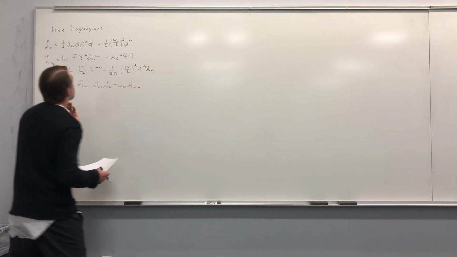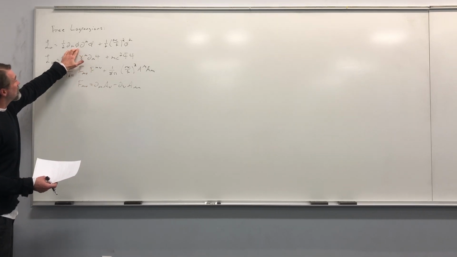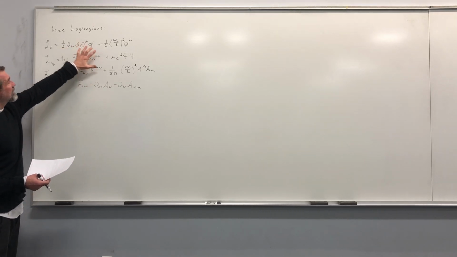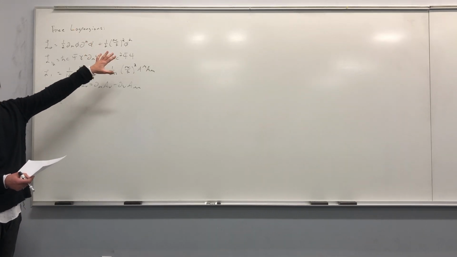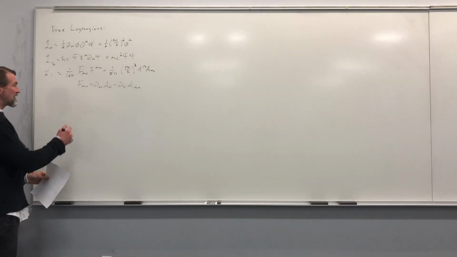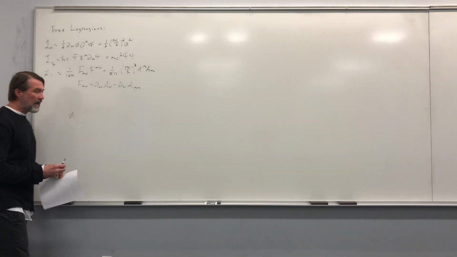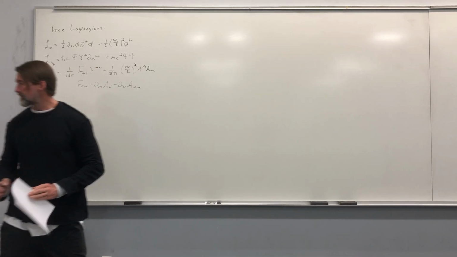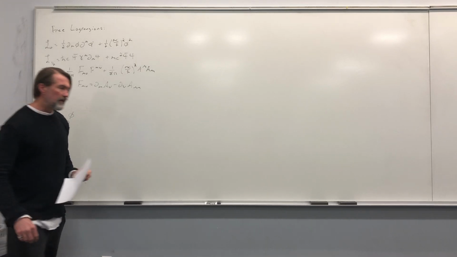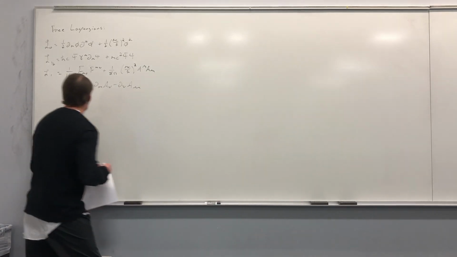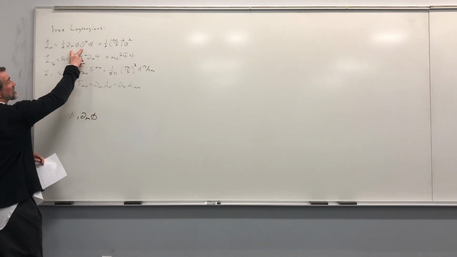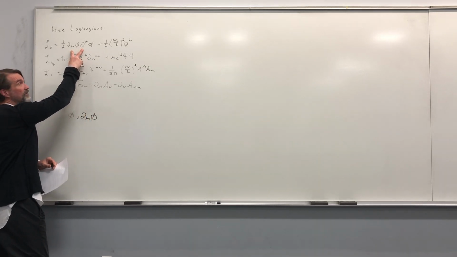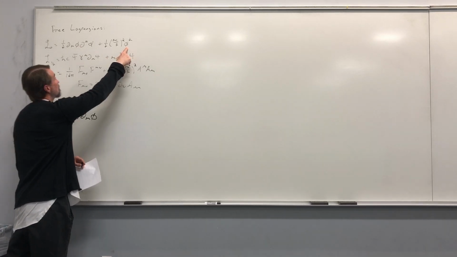Now remember, if you notice, every single part of these equations is at most quadratic. And it's quadratic either in the field phi, in the first case, or in the derivative of the field. Okay, so this term is obviously quadratic in derivatives of the field, and this term is obviously quadratic in the field.